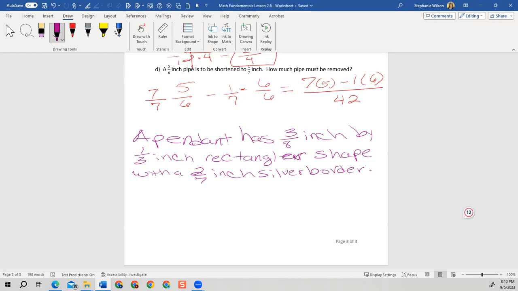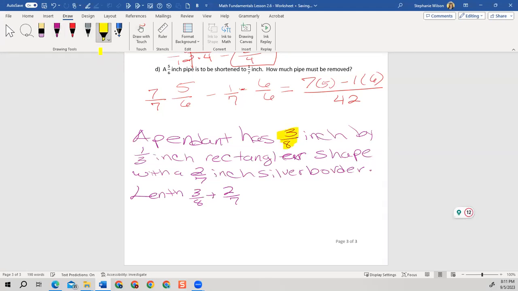We're going to use the larger value for the length, and we're going to use the smaller value for the width. Okay, so let's separate it. The length is going to be 3/8 plus that 2/7. In order to add these together, we have to have a common denominator, right? My apologies, guys.